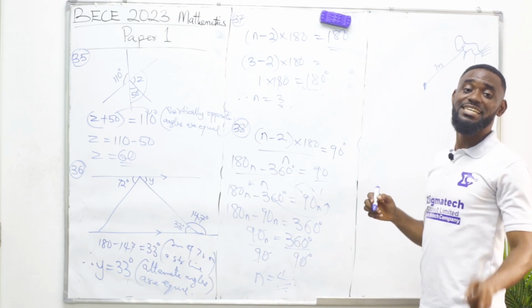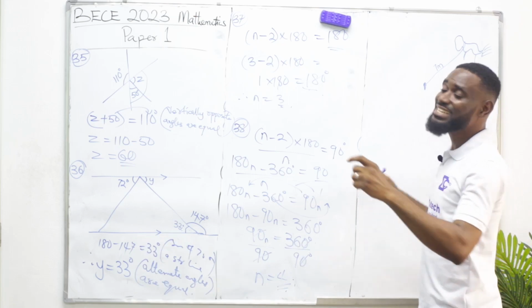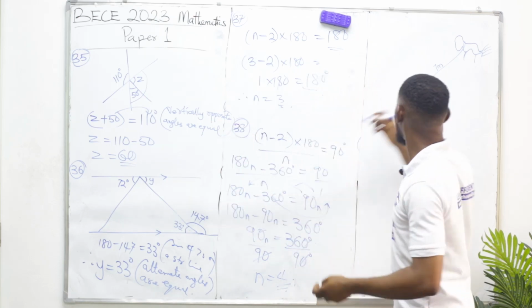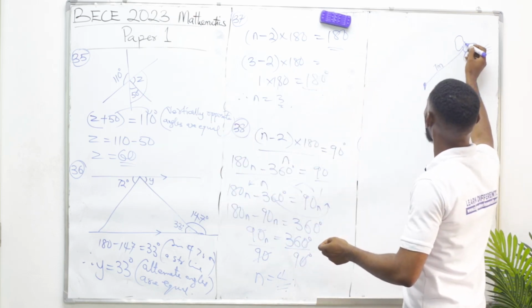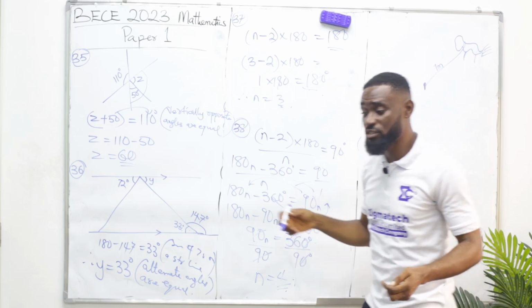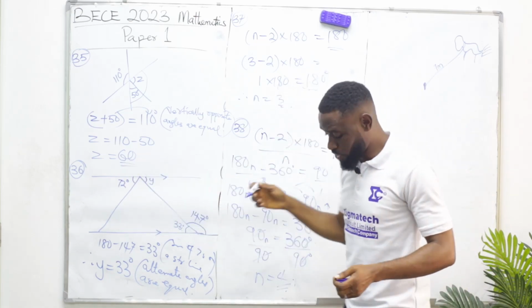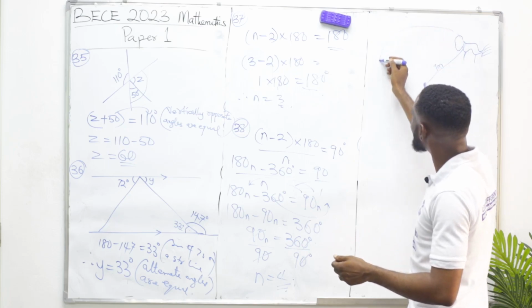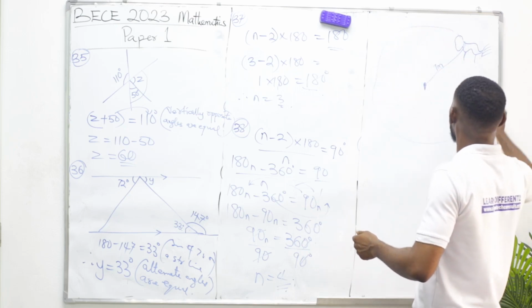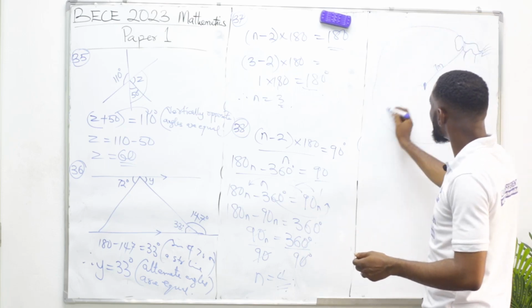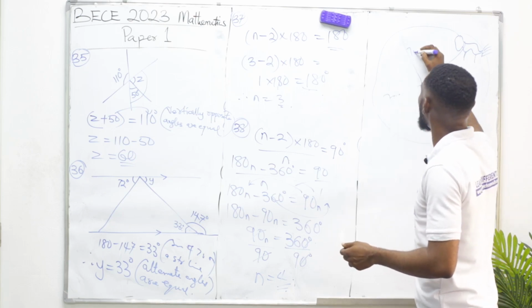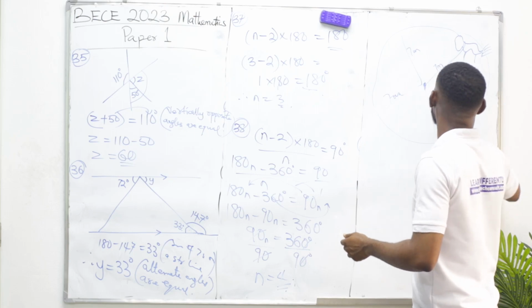So it means that because of that rope, the goat can move about. This goat can only move such that everywhere here is 7 meters.